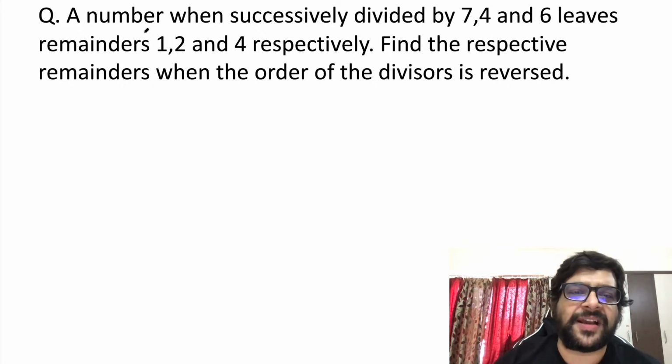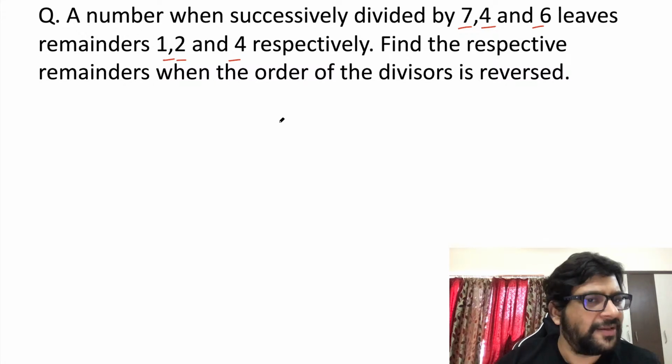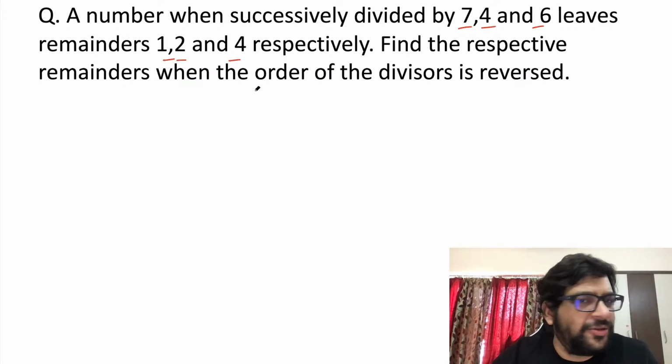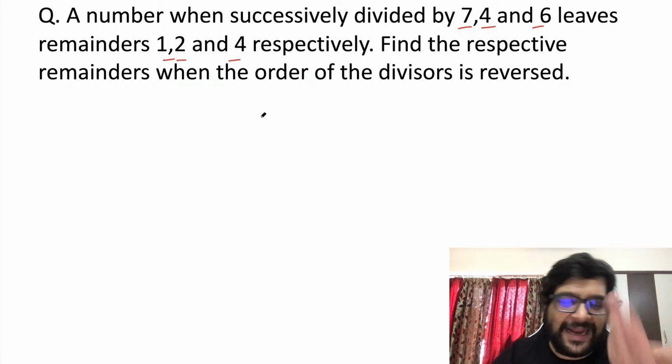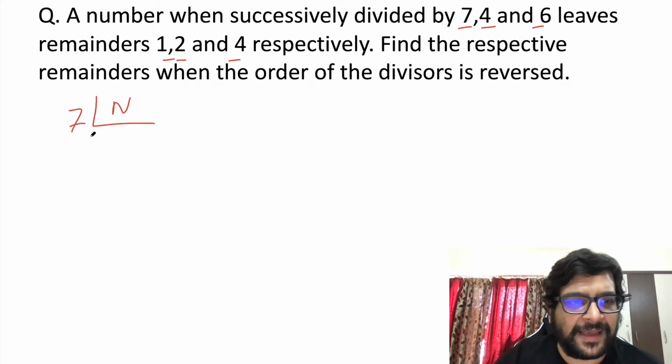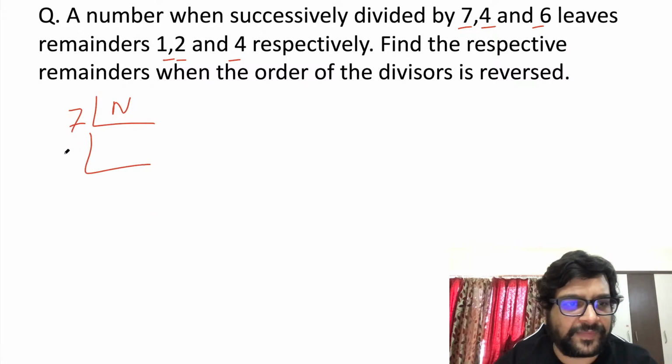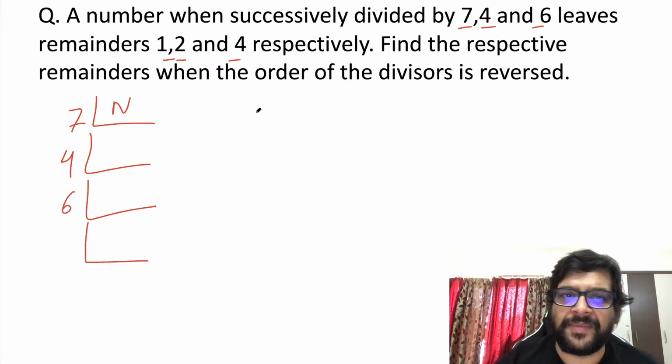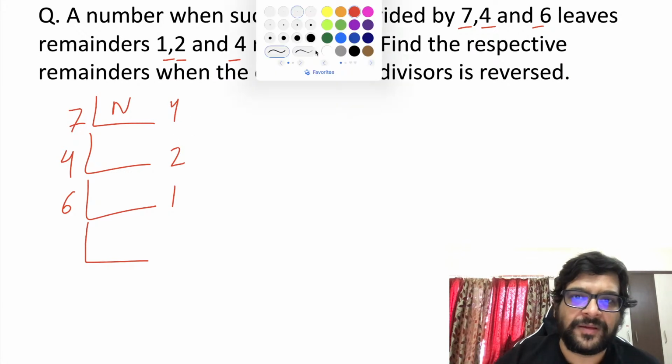A number when successively divided by 7, 4 and 6 gives me 1, 2 and 4. Find the respective remainders when the order is reversed. So why do you need a generic format? You just need one number and you can operate with that. So n is divided by 7, 4 and 6 and it leaves a remainder of 1, 2 and 4.